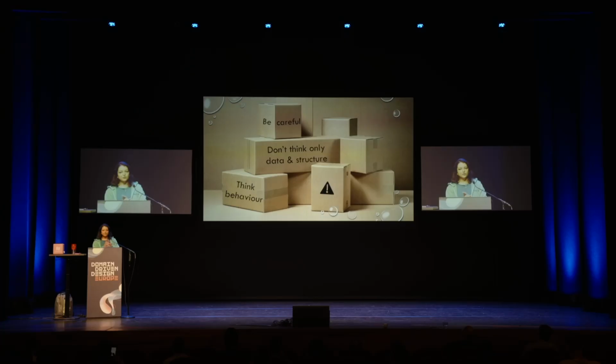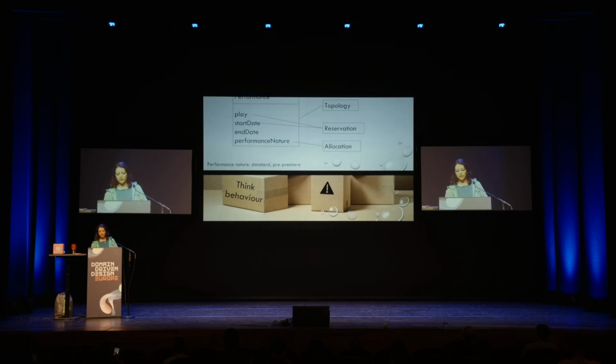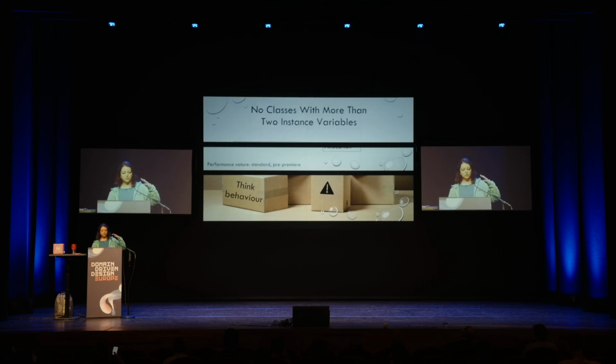But be careful, don't think only structure and data, think behavior. In some cases, we will have the performance with the play, start date, end date, and nature. And in some cases, we have the play and start date used in reservation behaviors and the others.